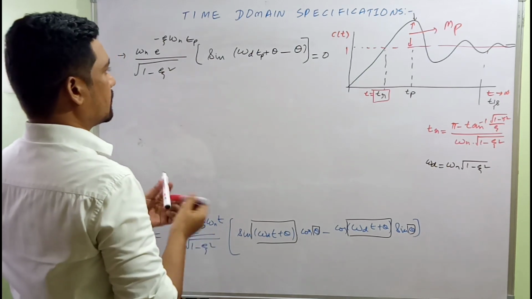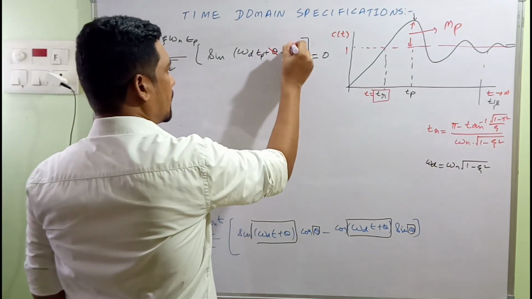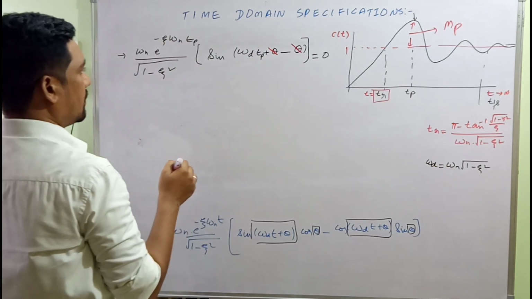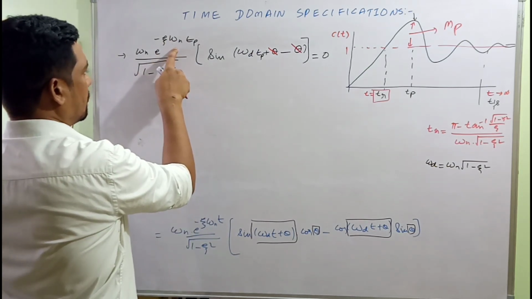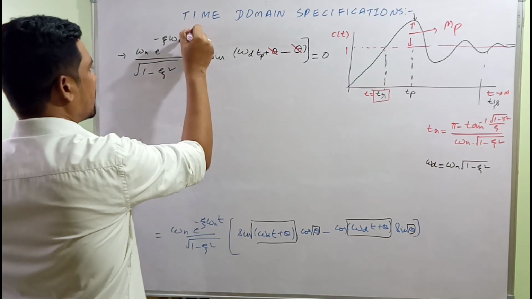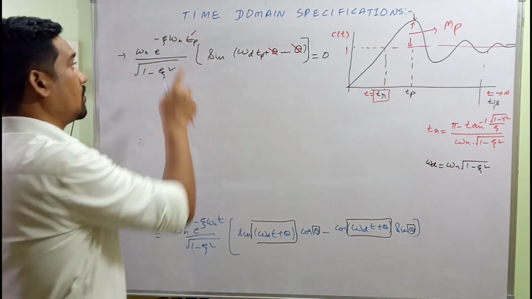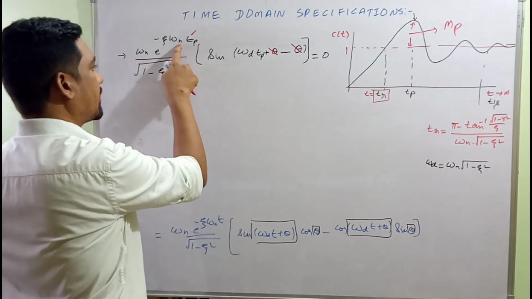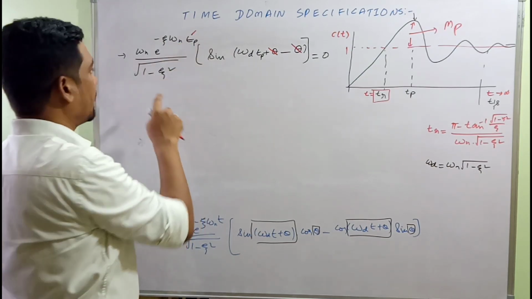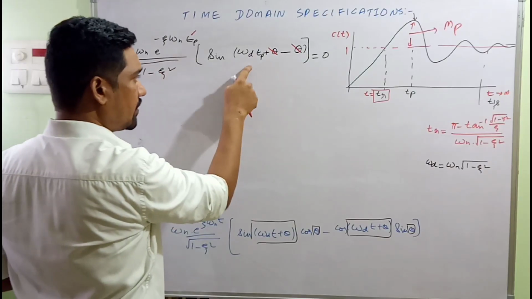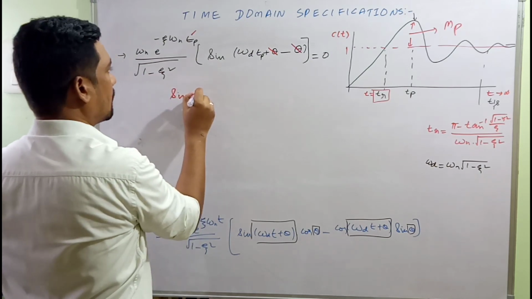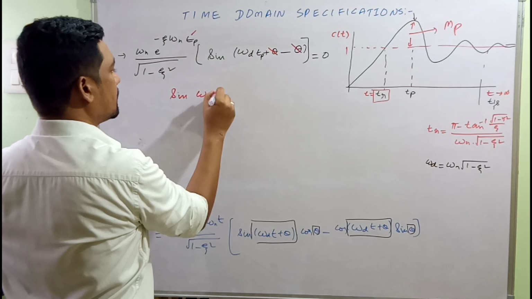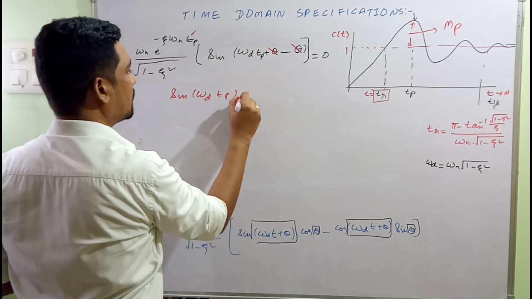Here the positive theta and negative theta go away, and in this expression the exponential part cannot be 0. Why? Because we are talking about a finite value of time, so e raised to negative finite is not 0, and nothing else is 0, so sin omega d Tp should be equal to 0.